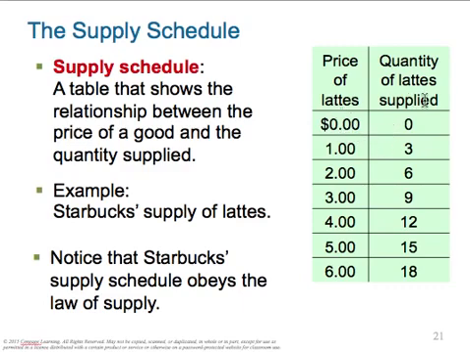At $0, they're willing to supply 0 lattes. At $6, they're willing to supply 18 lattes. Again, this is just a fictitious example using simple numbers. So as you can see, as the price of lattes increases, the willingness to supply lattes by Starbucks increases. So there's a positive relationship.